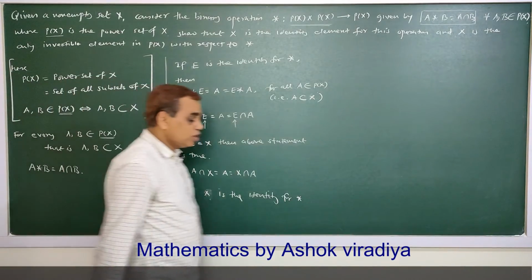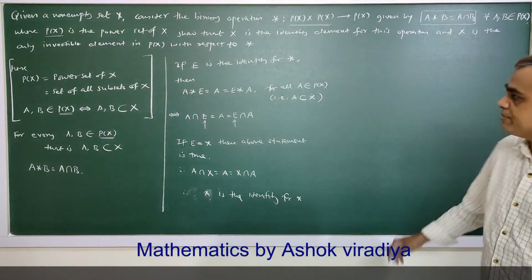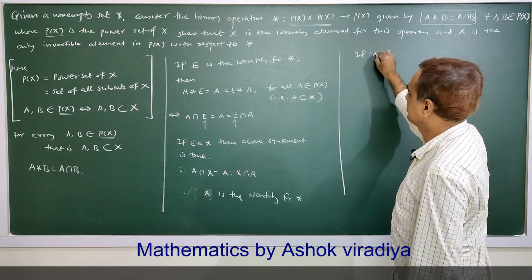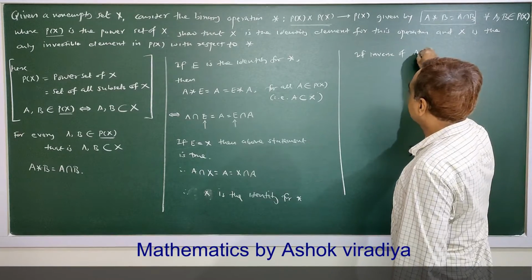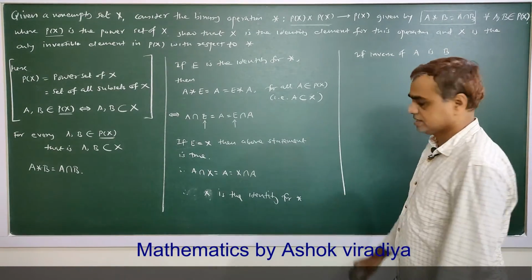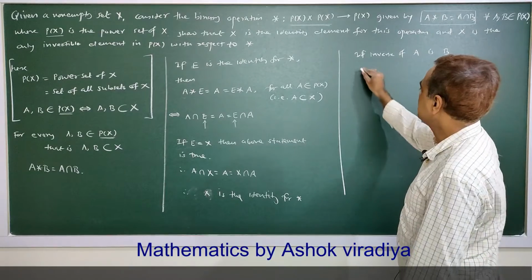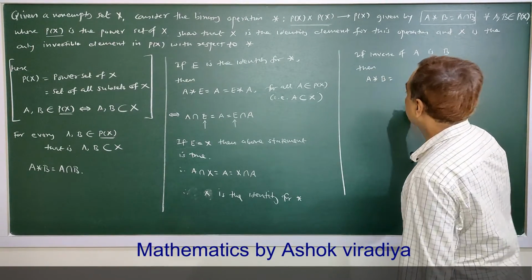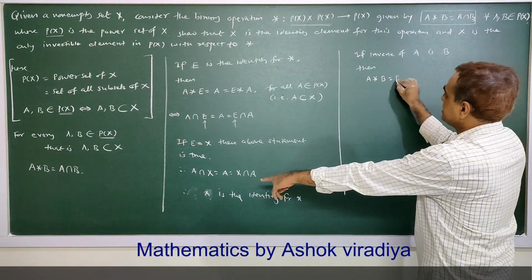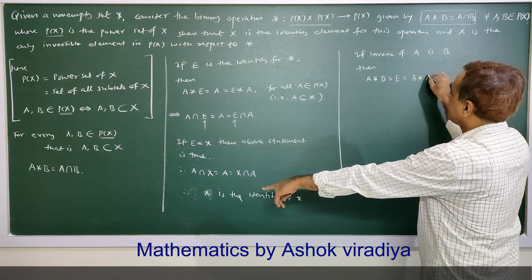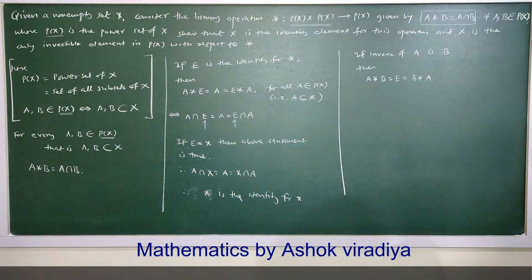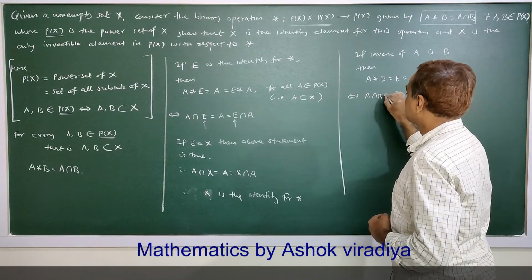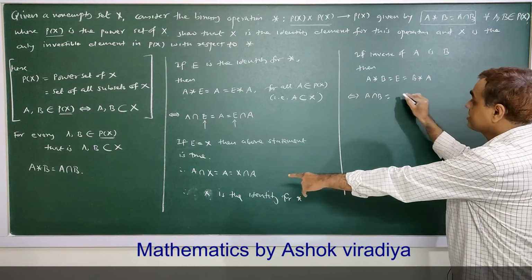Now, to find the inverse of any element, if it exists: if the inverse of A is B, then A star B should be equal to the identity E equal to B star A. This is true if and only if A intersection B equal to, now what is E here?